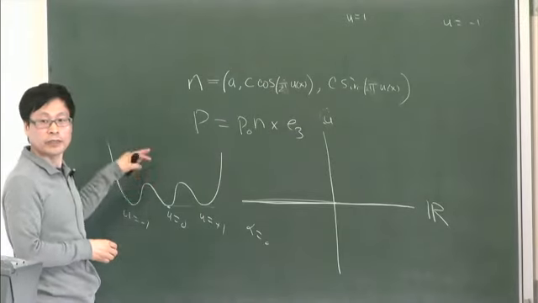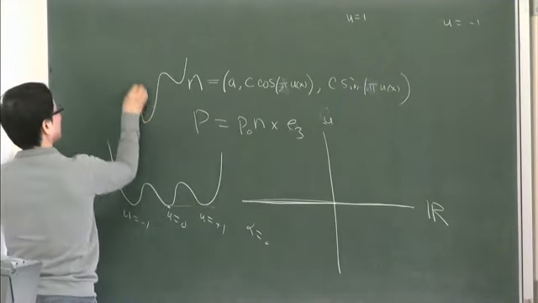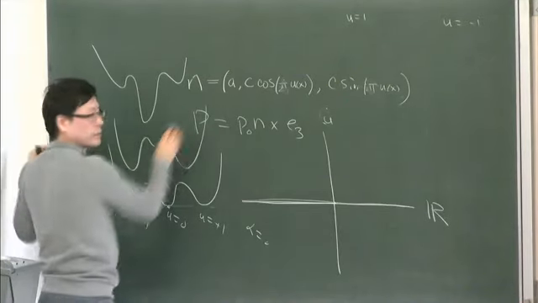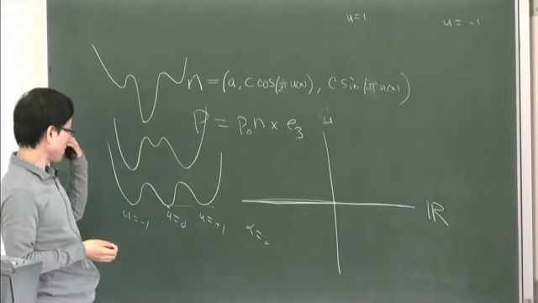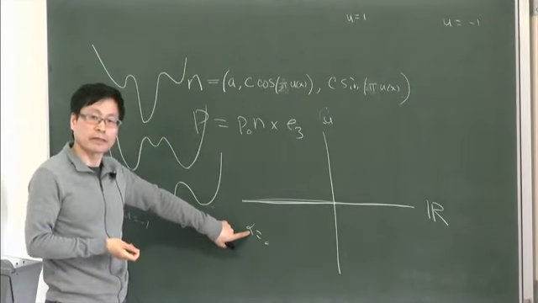But when you change alpha, then one becomes lower. So in other words, alpha 0 would be the critical value, and you get a phase transition on one side or the other. You mean this one? Yes.